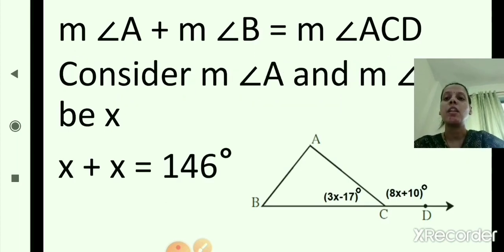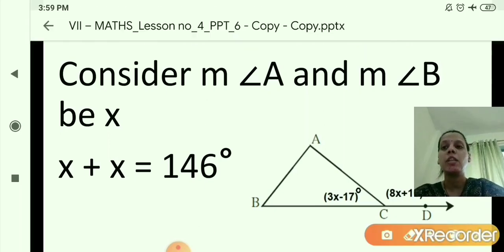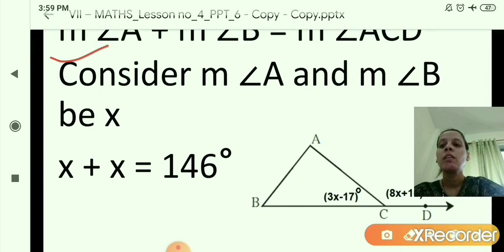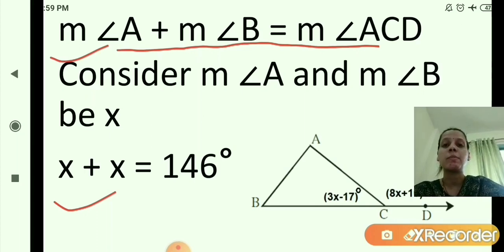Now we will consider angle A and angle B as x. So consider the measure of angle A and measure of angle B to be x degrees. Now x plus x is equal to 146 degrees. From this formula, angle A plus angle B is equal to 146 degrees.